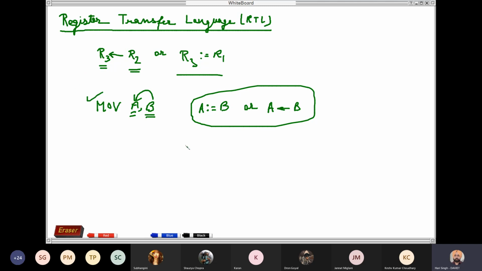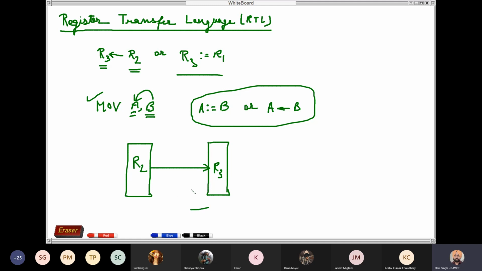If we represent it in a block diagram, this is register R2, this is register R3. So data transfer from R2 to R3 will take place on receiving a clock signal.